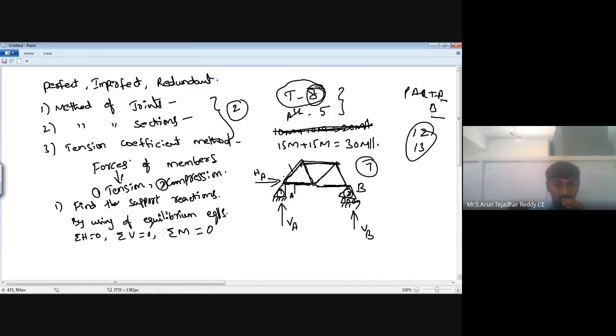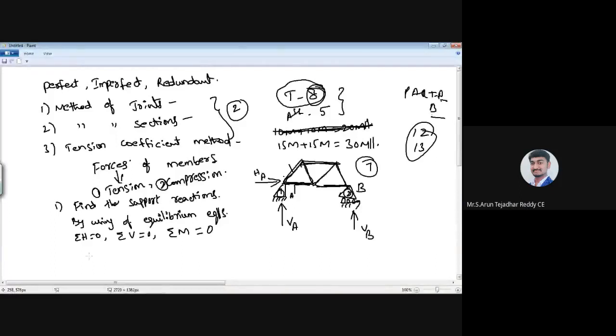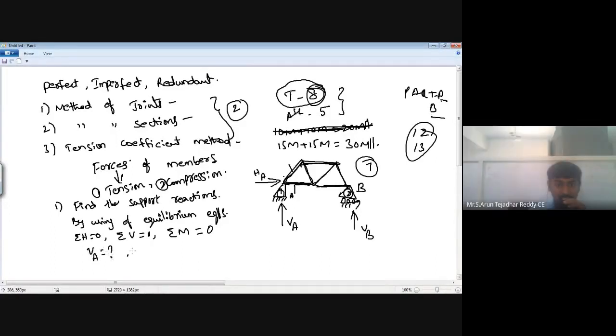After applying the equilibrium equations, we will get the VA value, the VB value, and the HA value, because these all are support reactions.